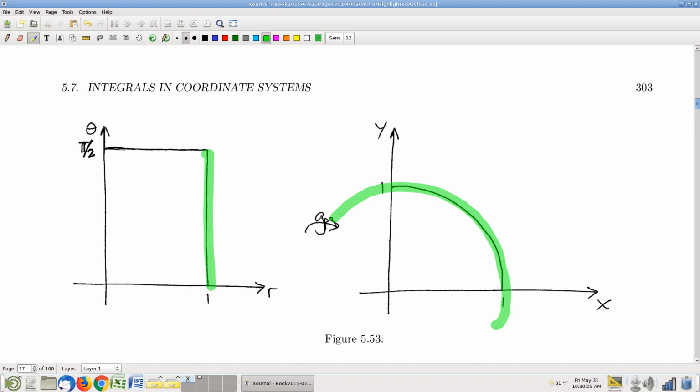Now let's think about this line. What does that line go to? What does it push forward to? Well, this line is where theta equals 0. Theta equals 0, starting with r equals 0, going to r equals 1, always with theta equaling 0. That's this line.